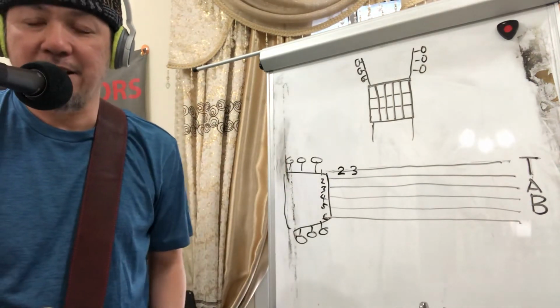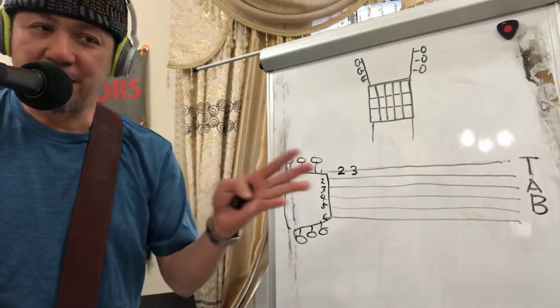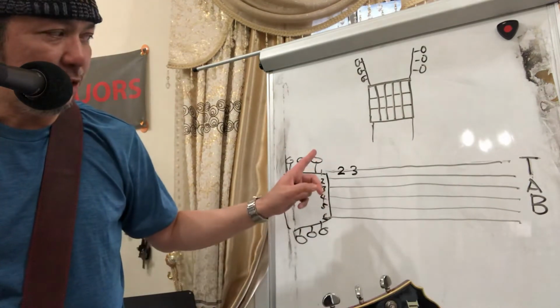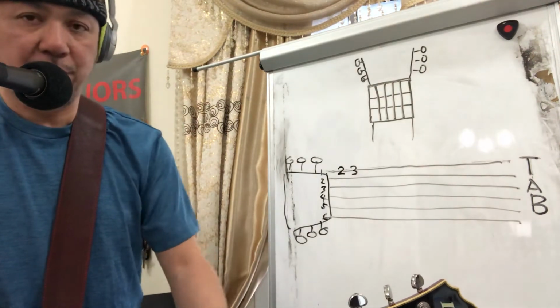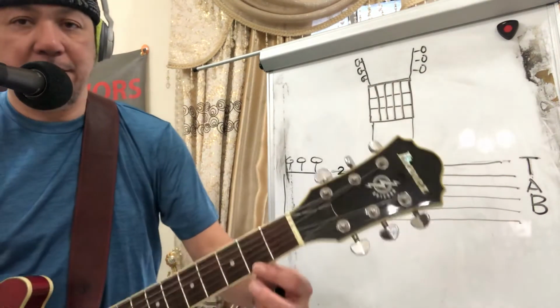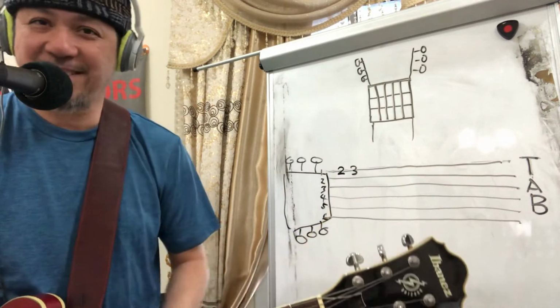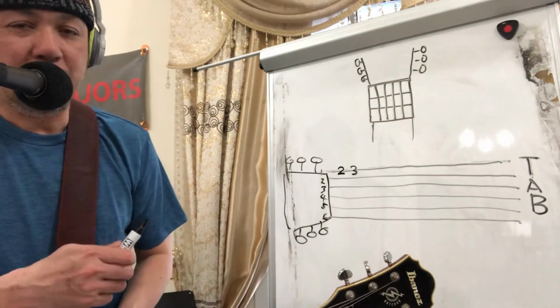It is like reading an English sentence. You're starting from left going to right. Remember that. So it's 2 and 3, or 2nd fret and 3rd fret of the first string. So if you're going to play it, it will be like this. Clear? Very easy, no?